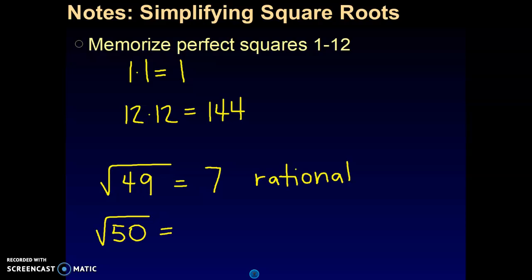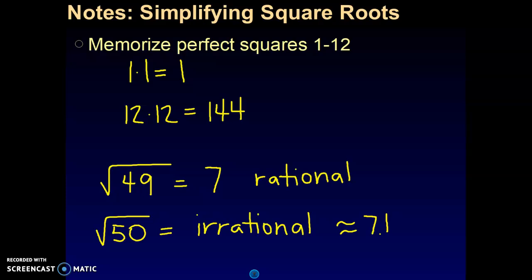So we said, okay, the square root of 50, I don't know what that is exactly, right? So that's going to be an irrational number. But we said it's just a little bit more than 49, so it's just going to be a little bit more than 7. So far, we've been estimating square roots by maybe finding a decimal approximation and plotting those on a number line. So that's what we've done with square roots so far.